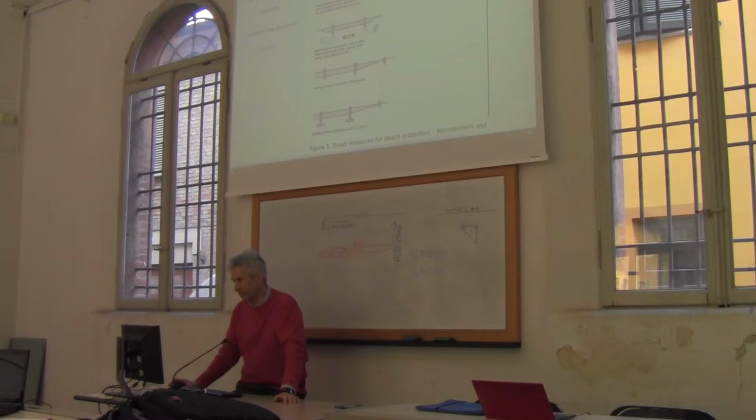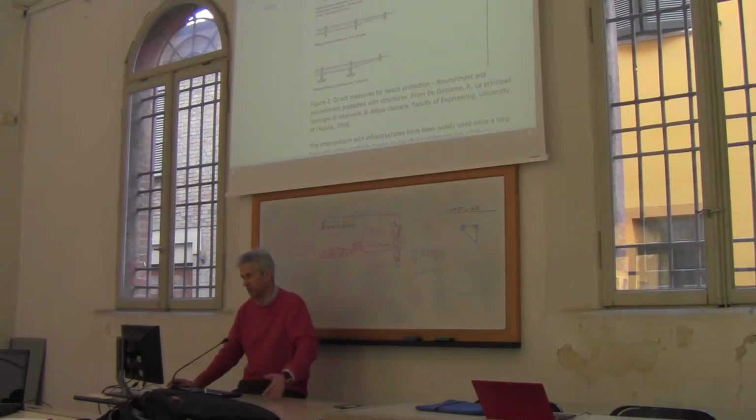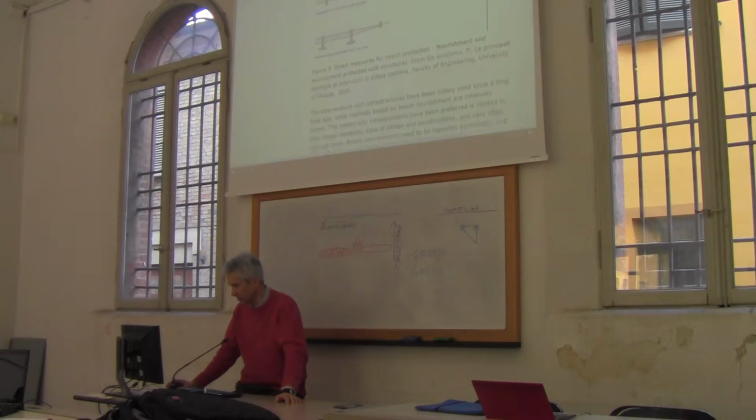In this case, you have the same solution with sills, of course, for the same reasons that I outlined before. And this is a detail of the same solution with groins of decreasing length in order to induce a smooth transition between the natural situation and the new situation.